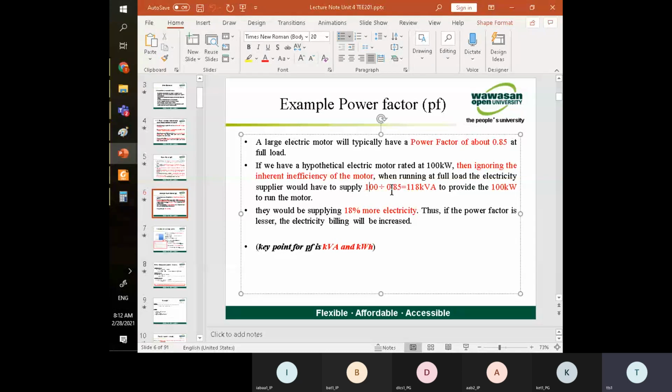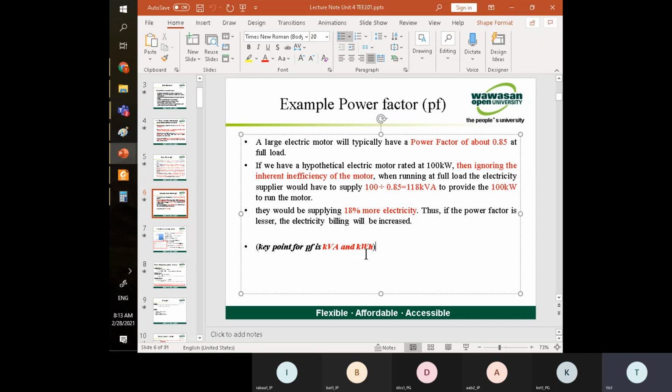TNB needs to supply what they call the apparent power, about 118 kVA. VA is voltage times current, right? In order to provide the factory 100 kilowatts of power to run the machinery.